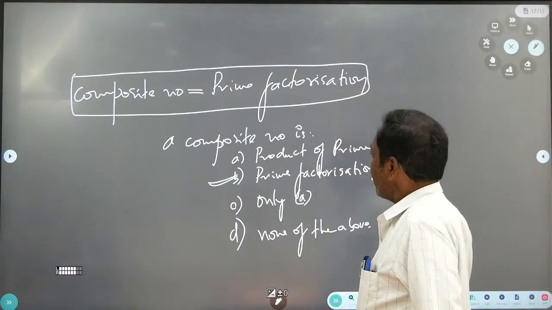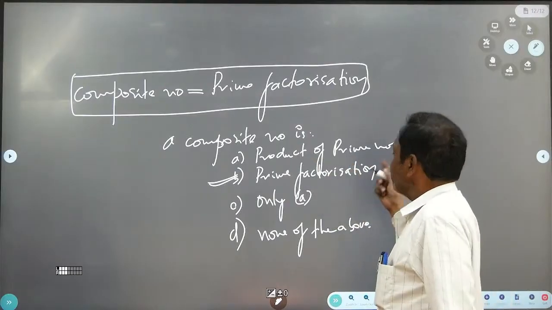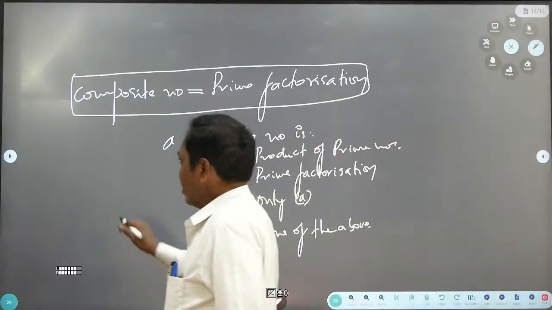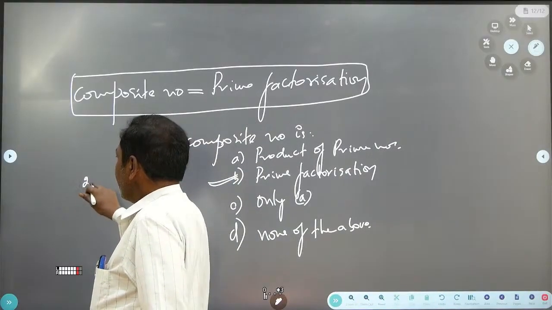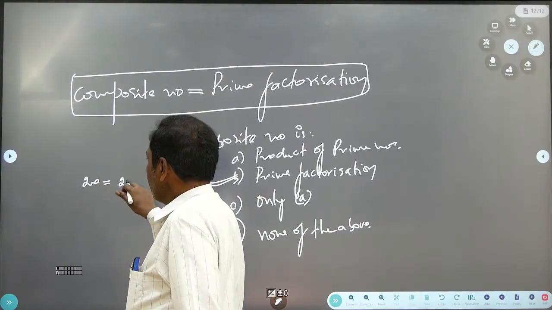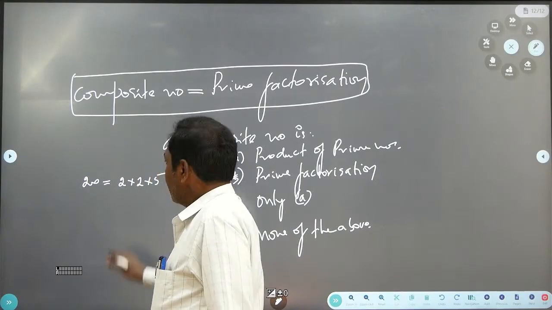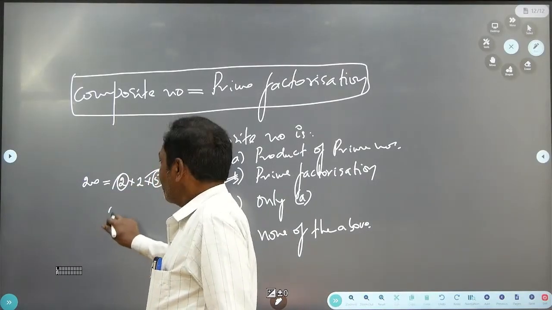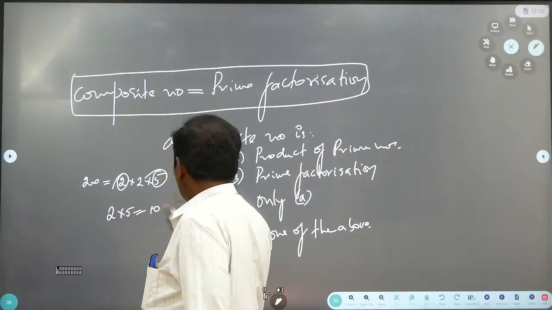If you say product of prime numbers, what happens is we take only, for example, let us take 20. 20 is the product of 2 into 2 into 5, right. Product of prime numbers means we take only 2 into 5, that is 10, not 20.